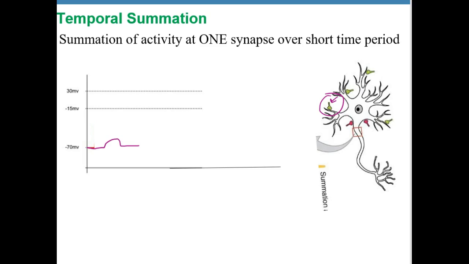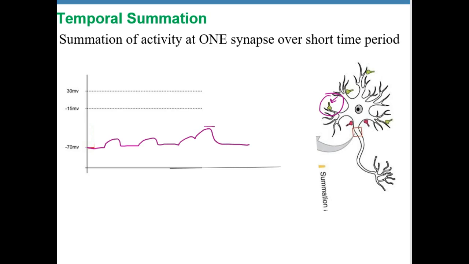If you wait long enough, you reestablish your resting membrane potential, you release a little bit more neurotransmitter, it looks like that. If you do 2 bouts closer together in time, so you release a little bit of neurotransmitter, and before you get back down to rest, you release a little bit more neurotransmitter, right?